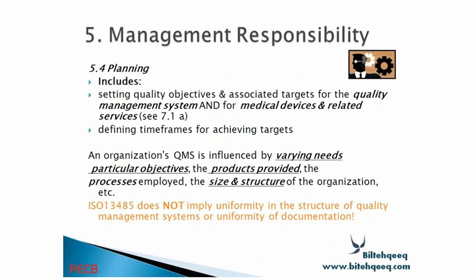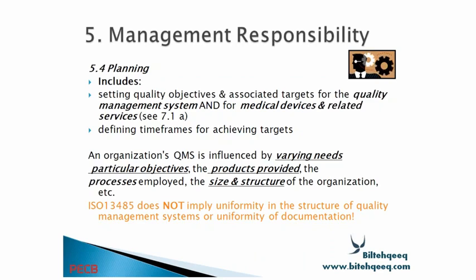An organization's quality management system is influenced by varying needs, particular objectives, the products provided, the processes employed, and the size and structure of the organization. So the quality management system of different organizations will be different because it is influenced by the needs, the objectives, the products, the processes, and the size and structure.